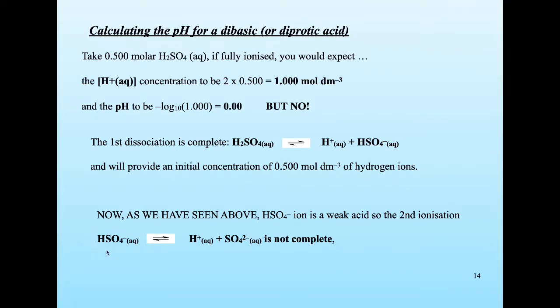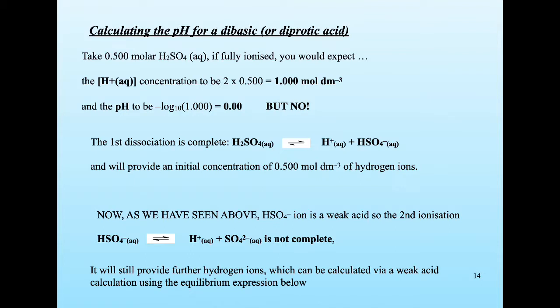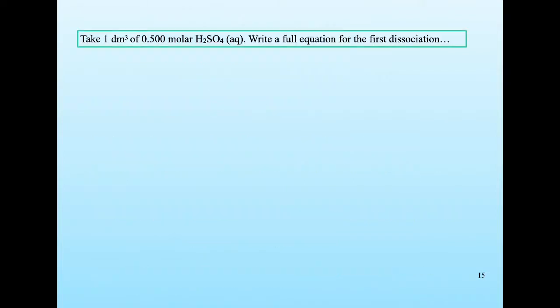So this ion does not completely dissociate. There's a Ka for this second dissociation. You'll get some extra hydrogen ions, so the pH will drop slightly, but we have to use a weak acid calculation to work out what the pH is going to be. So let's look at this specifically and try and work out the pH.